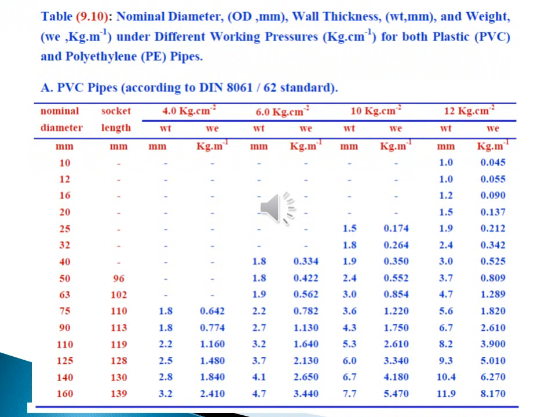Table showing nominal diameter, wall thickness, and weight under different working pressures for plastic PVC pipes with nominal diameter from 10 up to 160 millimeters. Table showing the same for plastic PVC pipes with nominal diameter from 180 up to 800 millimeters.